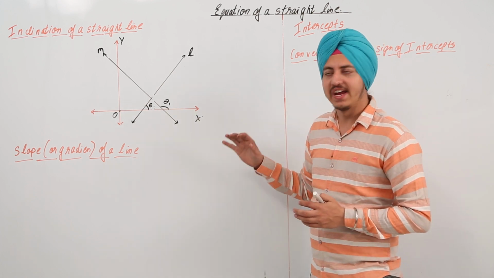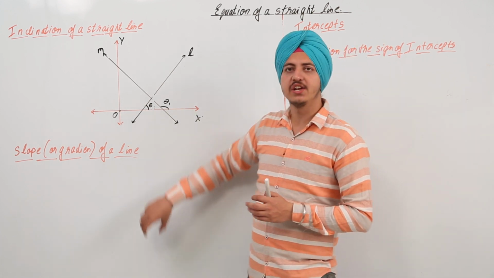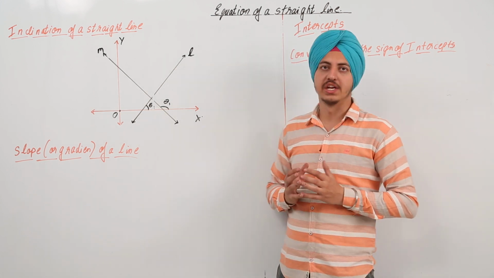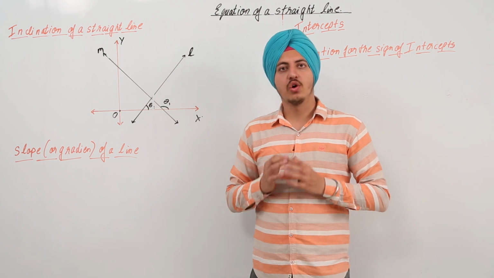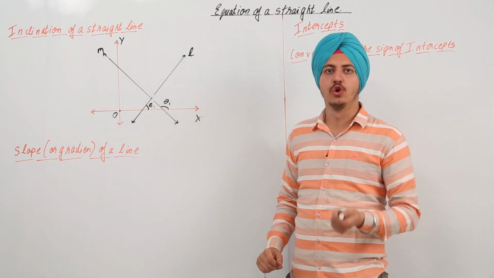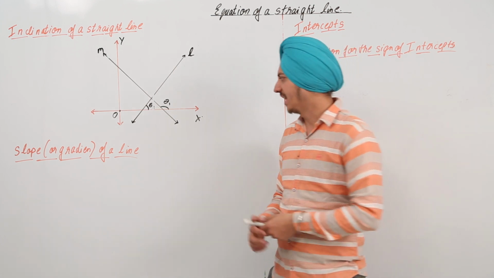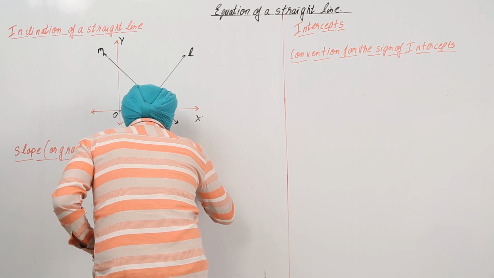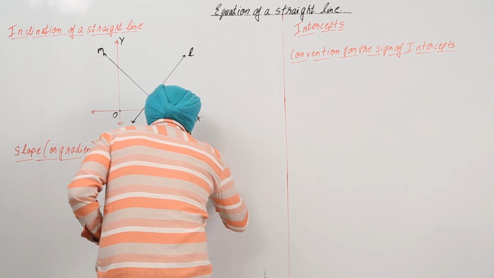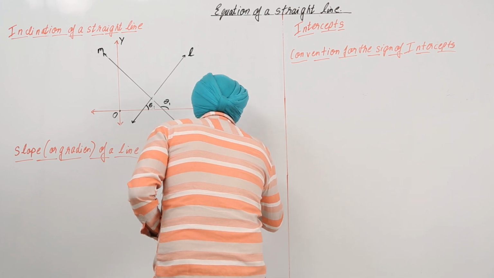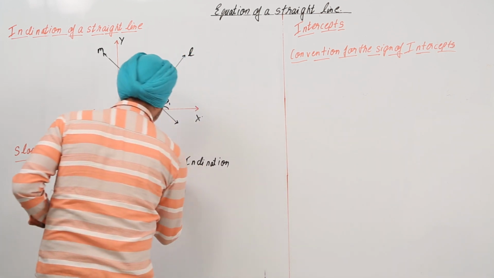Next, what we have is the slope or gradient of a line. So what is the slope or gradient? The tan, or the tangent, taken of this angle is called the slope of the line. So tan of the inclination is the slope.